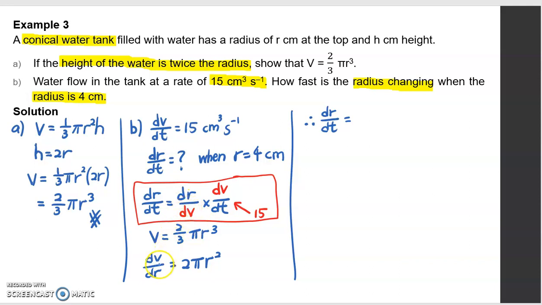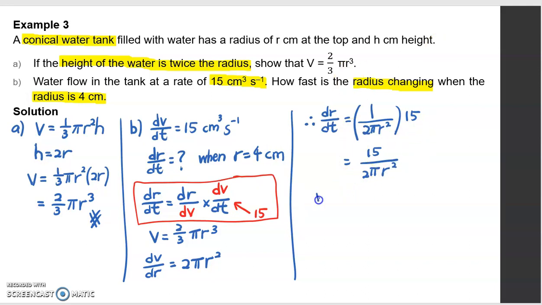What I have here is dV over dr, so what I'm going to do is 1 over 2 pi r squared, multiplied by dV over dt, which is 15. So from here it is 15 over 2 pi r squared.